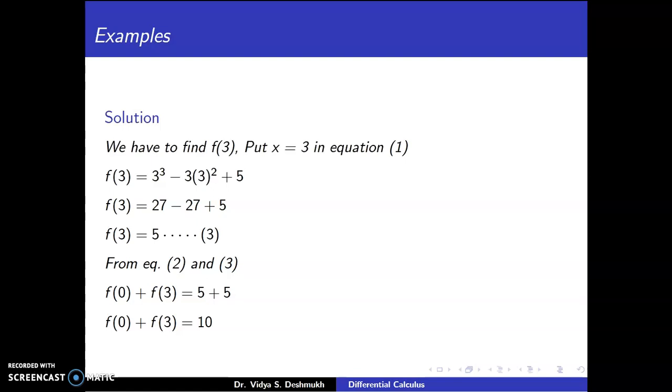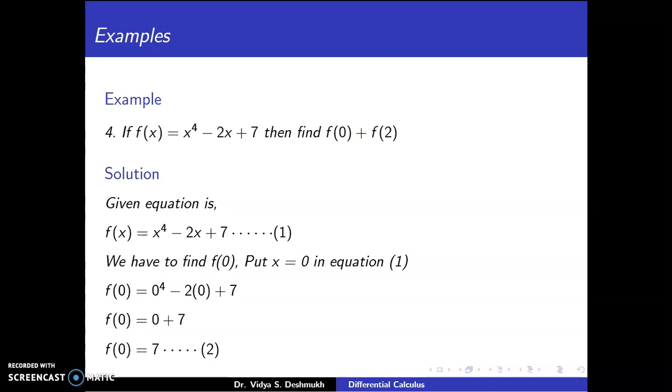It is nothing but again 5. So we write down it is equation 3, and from equation number 2 and 3 we get the value of f of 0 plus f of 3, that is nothing but 5 plus 5 and that is equal to 10. Here is the solution of the example.